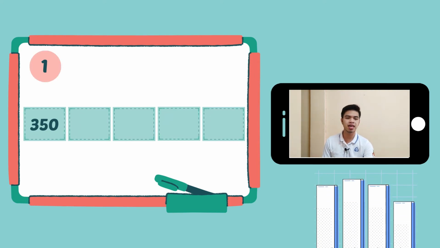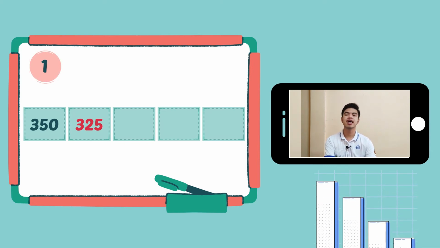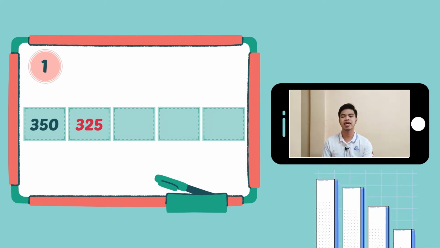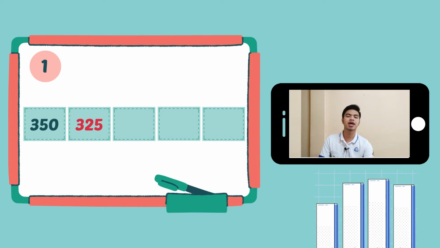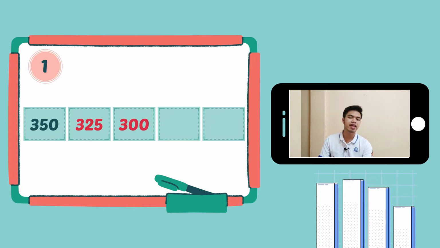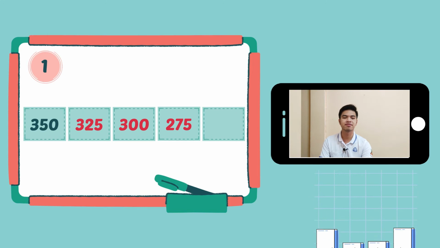So it will be 325. Okay, and then we're going to do the same thing again. We're going to subtract 25 from the last number. So 325 minus 25 will be 300. And then 300 minus 25 will be 275.